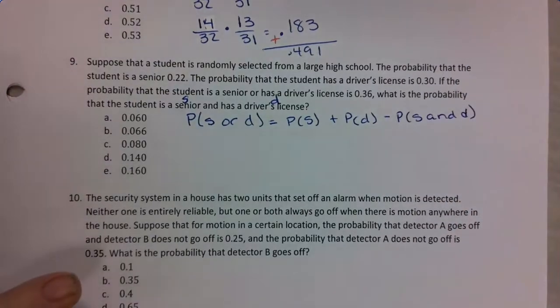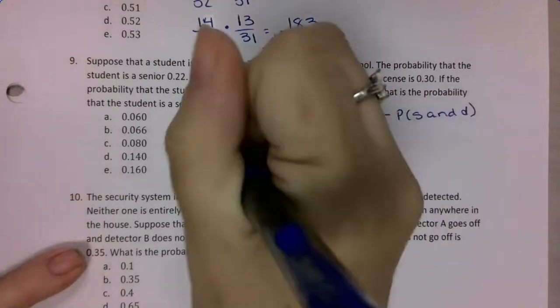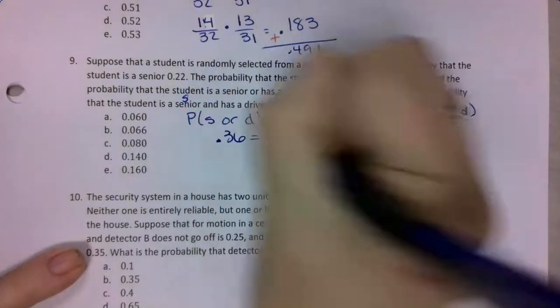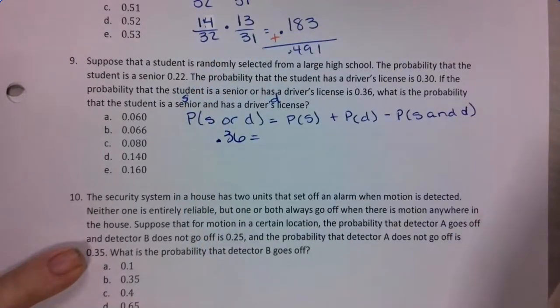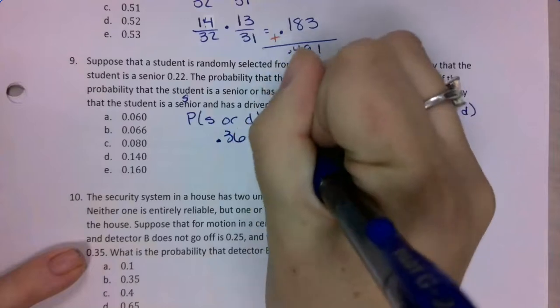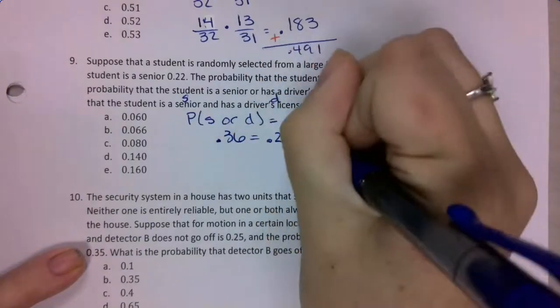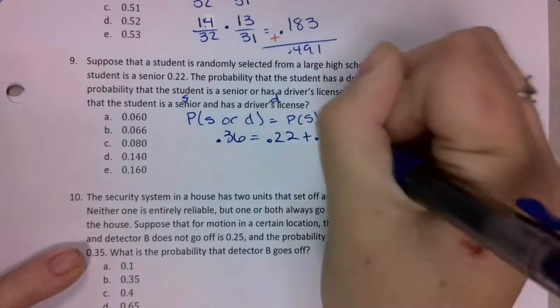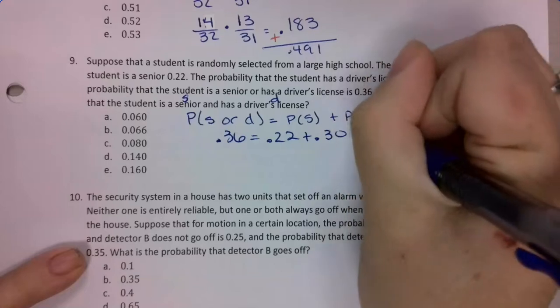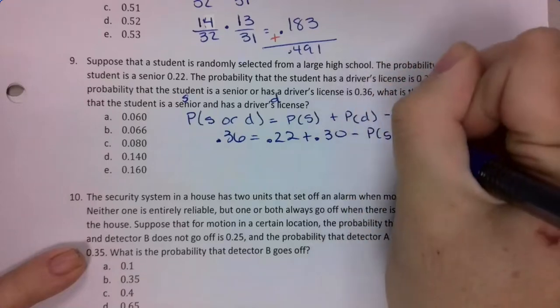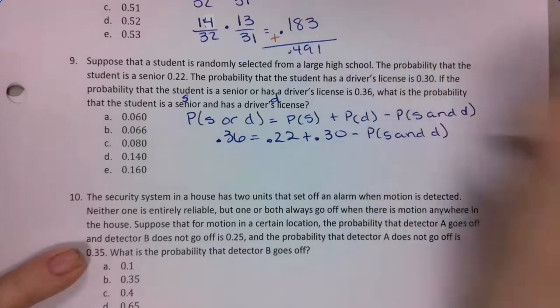I know the OR probability is 0.36. My senior probability is 0.22. My driver's license probability is 0.30. And then the AND is what I'm looking for.